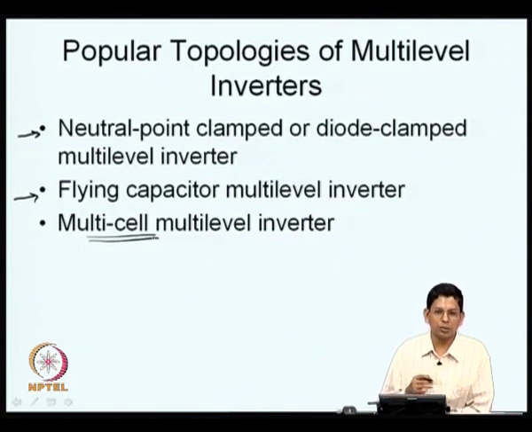So, you can connect two of them in cascade, and two of them in series can give you some number of voltage levels. So, it is also possible to realize multi-level inverters using several single phase inverters, two for example in one leg. Those are the three important ways, but our focus will be primarily on neutral point clamped in this course.